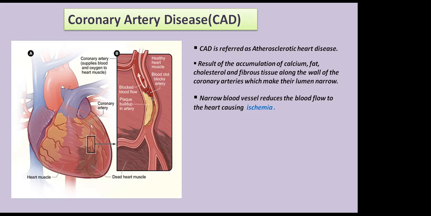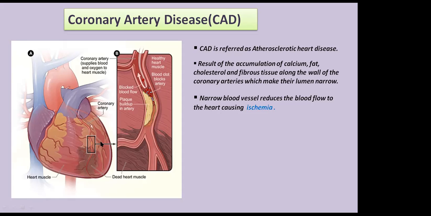So low hemoglobin causes depletion in the oxygen carrying capacity. The oxygen carrying capacity of the blood is decreased due to severe anemia, and severe pulmonary diseases also lead to low supply of oxygen to the wall of the heart.